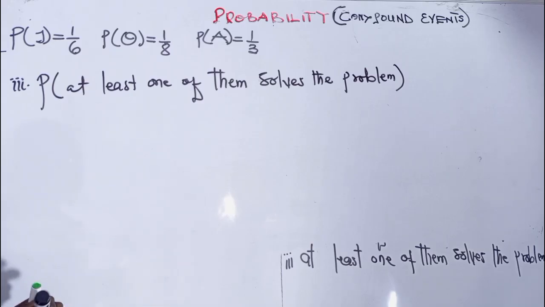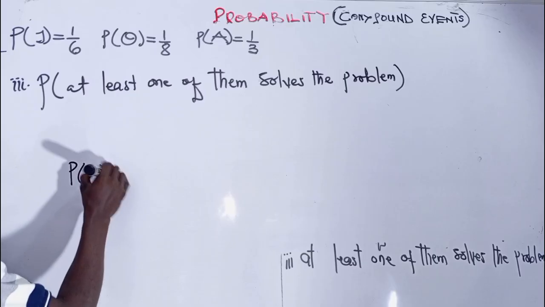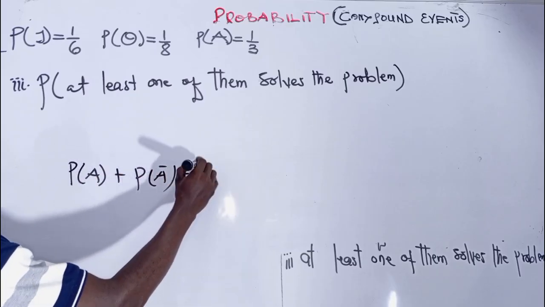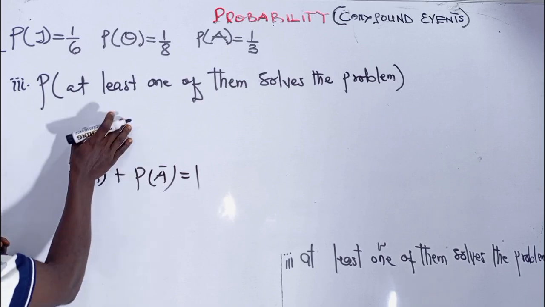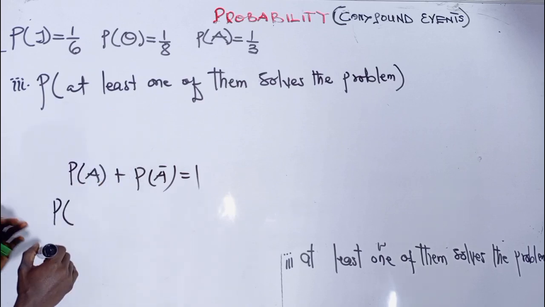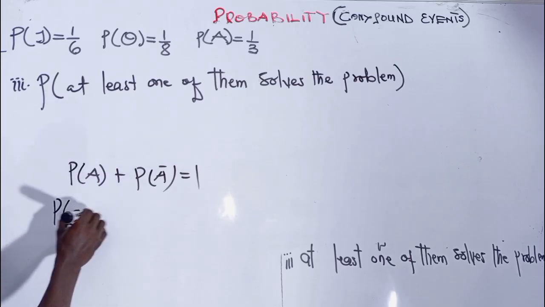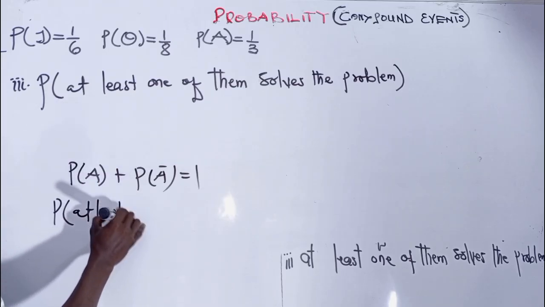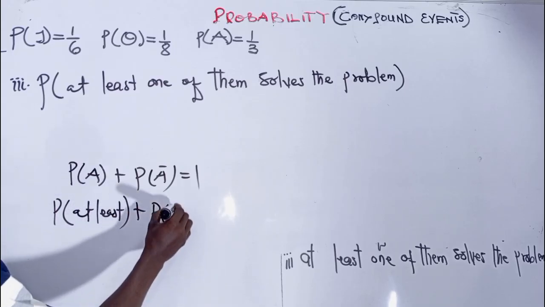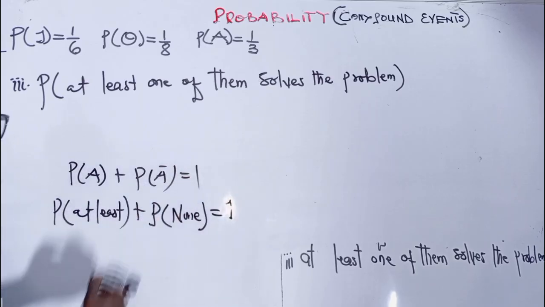So with the complementary rule, as we said, the probability of an event occurring plus its complement must give us 1. So probability that at least one of them solves the problem, we can also use the complementary rule to help us find this. So probability that at least one of them solves the problem plus the probability that none of them solve the problem should give us 1.